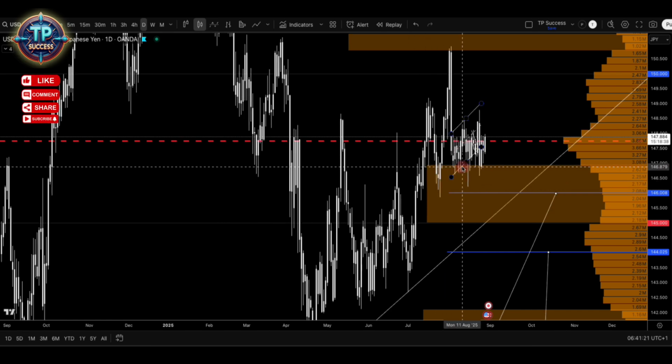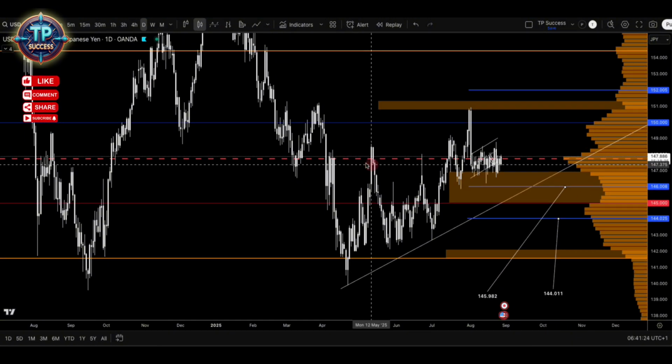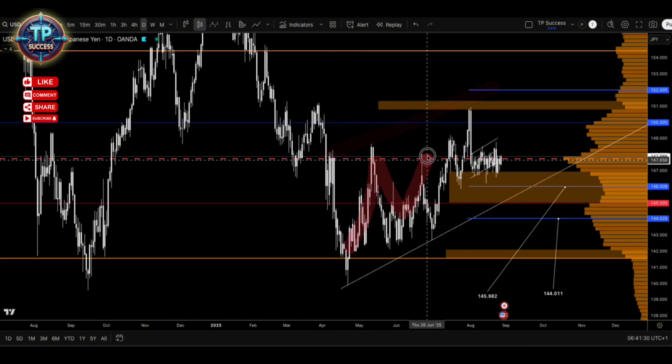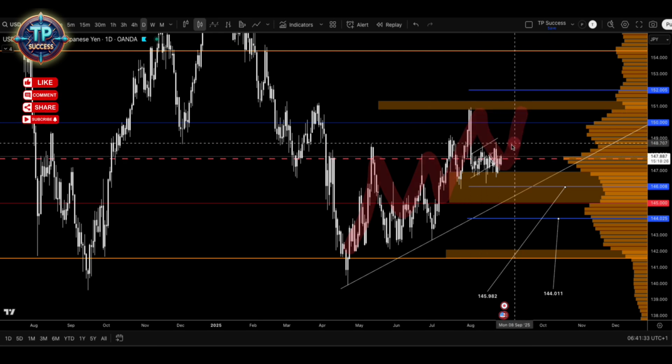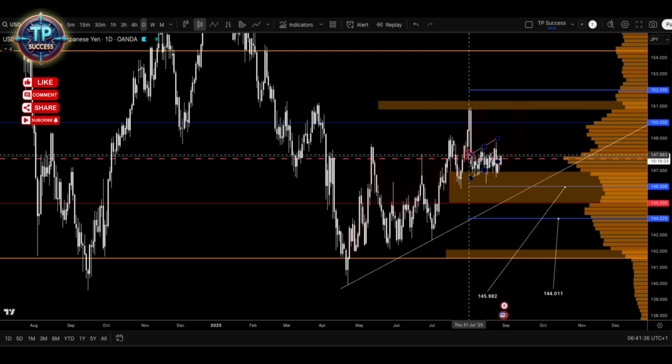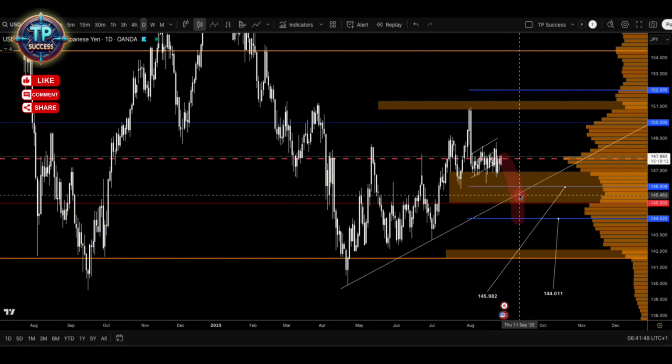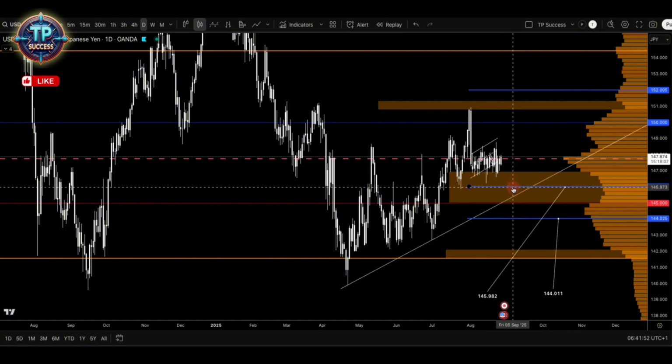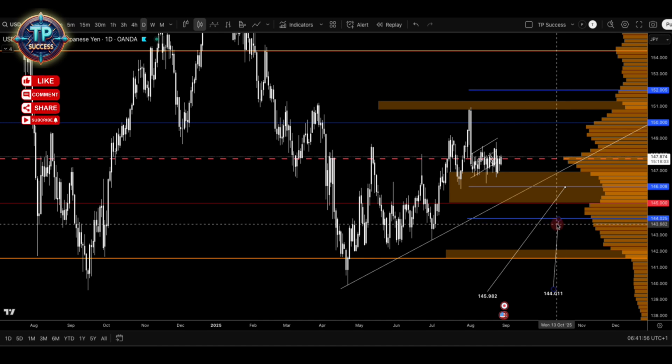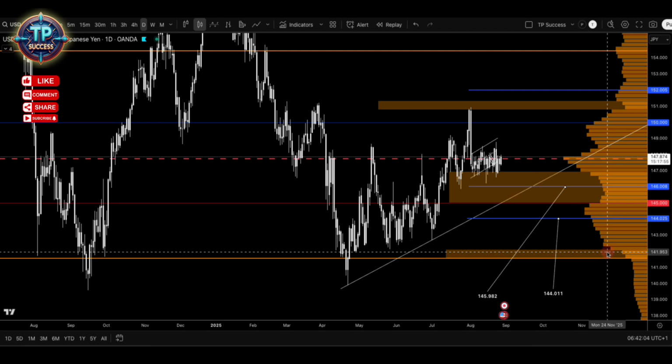However, based on what we are seeing in this area right here, I believe price, doing what it's currently doing, which is consolidating in an upward trajectory, or for lack of a better word, we could say in an ascending channel, I have a feeling that price is going to break below 145.973, make its way down to 144.011, and maybe come somewhere into this region over here, which is 141.766, somewhere in this region, right?